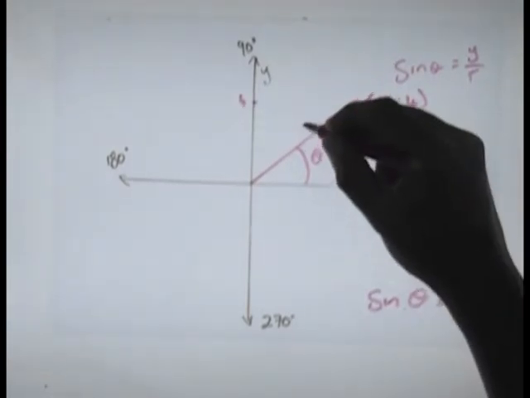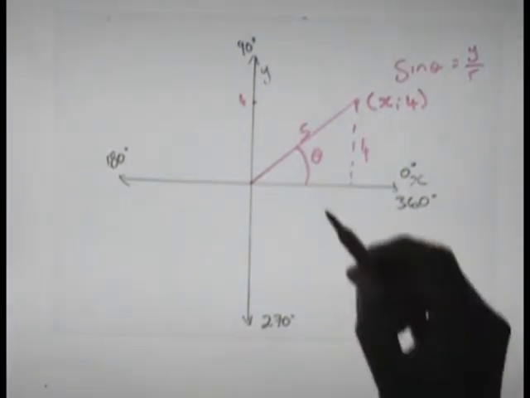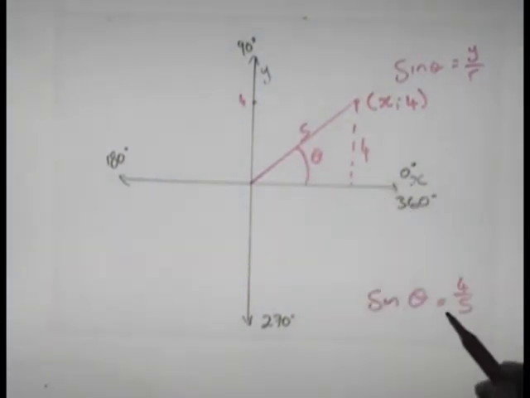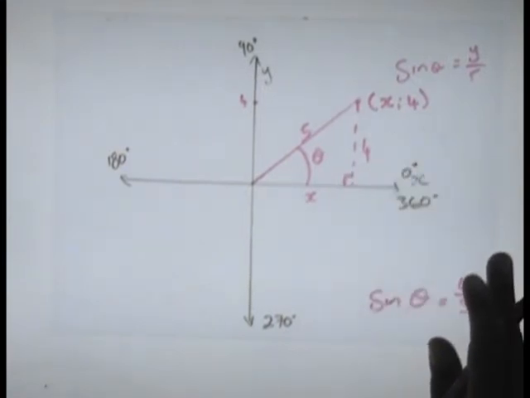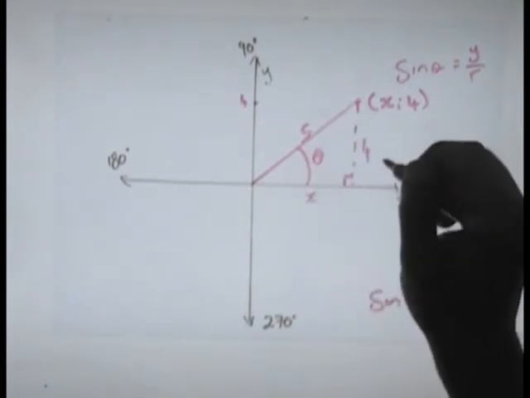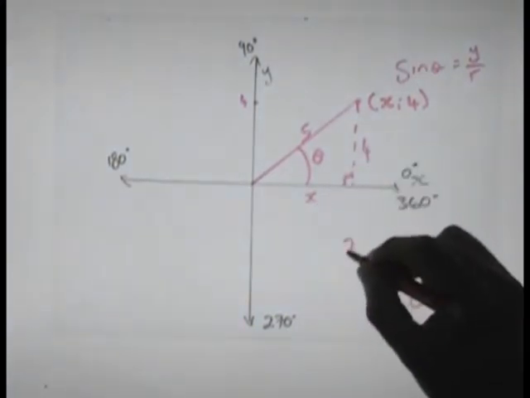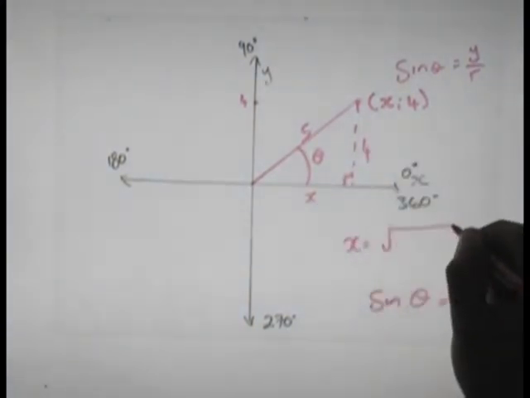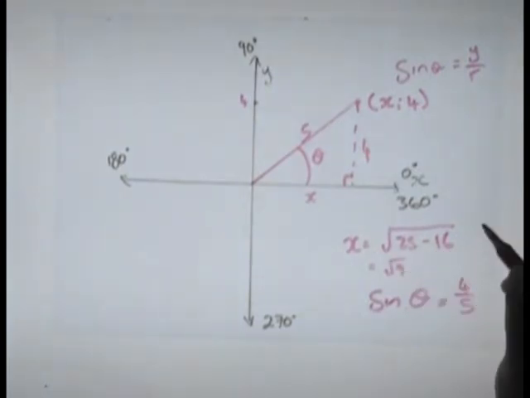That means that my r, my radius, is 5 units long, and that is theta over there. Do we know what x is? No, we don't. If we wanted to find it out, we could by using the hypotenuse theory, which would be r squared is equal to x squared plus y squared. That means that x is equal to square root of 5 squared, which is 25, minus 4 squared, which is 16, which is equal to square root of 9.